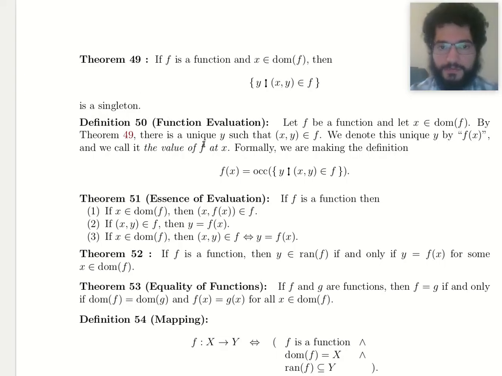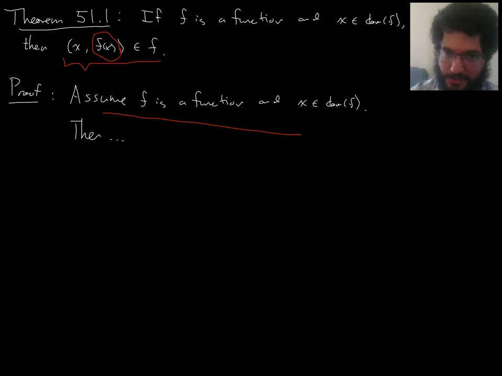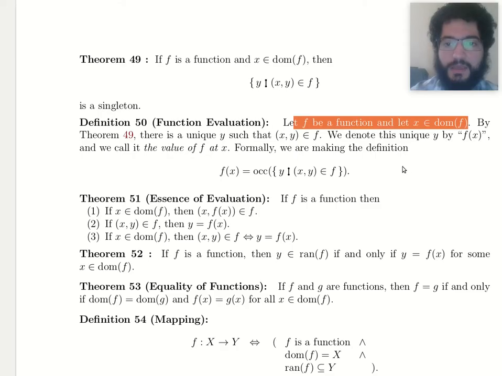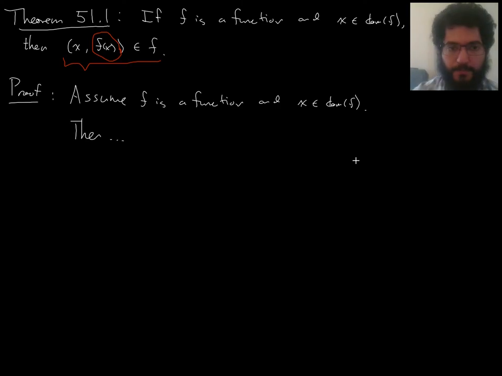In definition 50, we are told that if f is a function and x is in the domain of f, which is something that's true for us, then what the symbol f of x refers to is the unique element of this set, right? That's what it refers to.